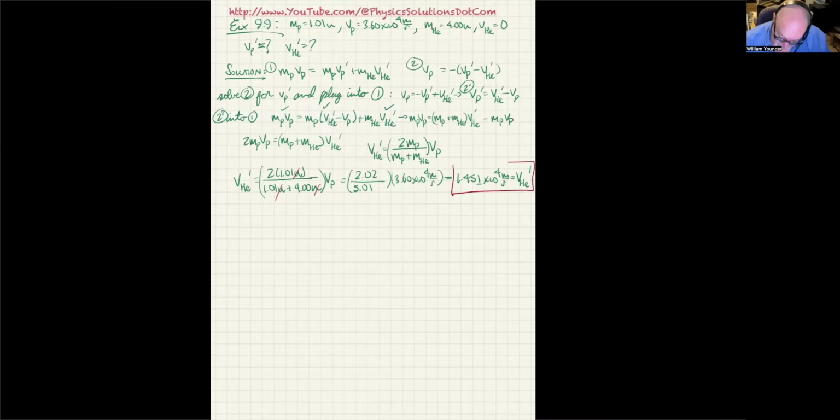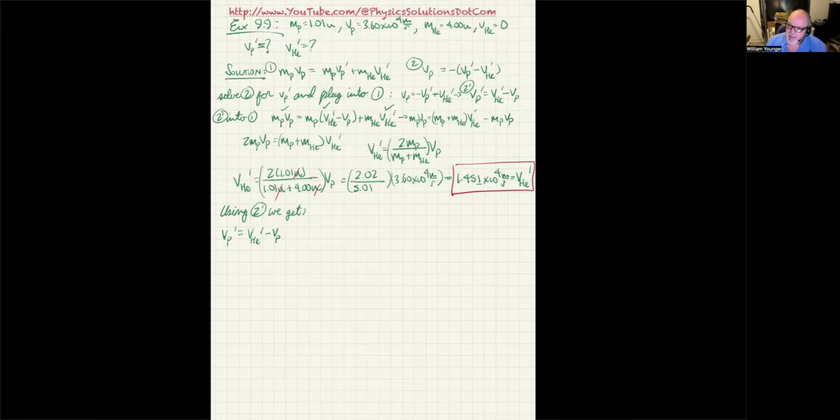Okay. Now I'm going to try to use my expression for VP prime to solve for VP prime. So using equation 2 prime, I'm going to say VP prime is equal to VHE prime minus VP. I don't really have to do all this algebra.